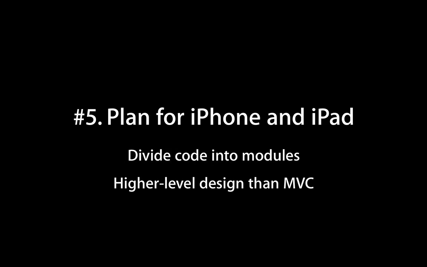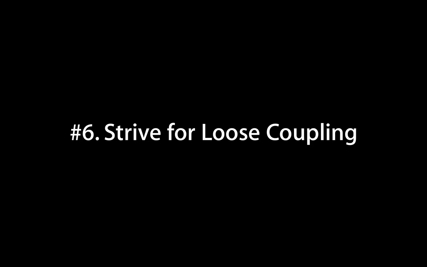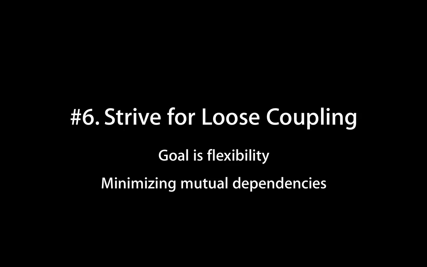All right. So that's planning for iPhone and iPad, dividing your code up, and coming up with this higher level design that will help you keep things parceled out in a good way. Number 6, strive for loose coupling. Again, this is all about keeping your code flexible and minimizing mutual dependencies.